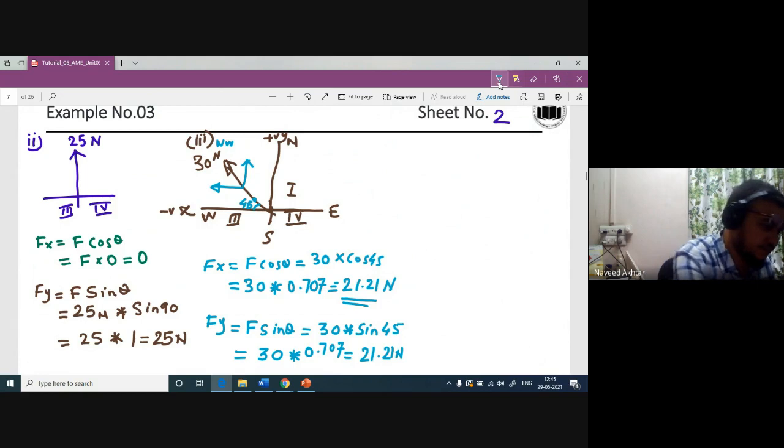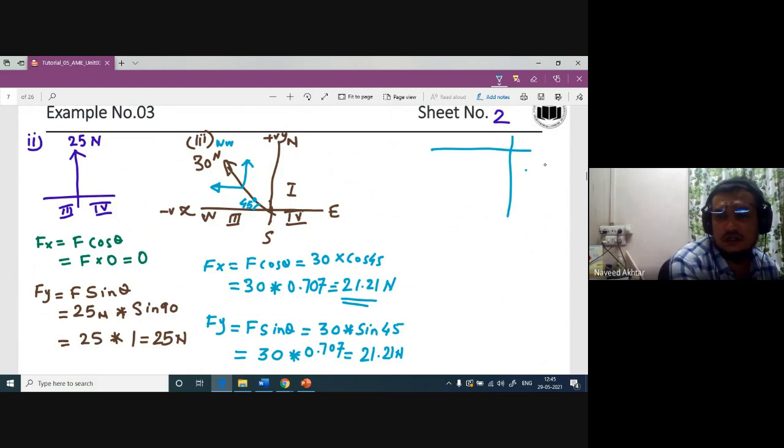Again we will draw. This is the third quadrant. First quadrant, second, third and fourth. The quadrant in which I have to make the figure, I am not showing them.